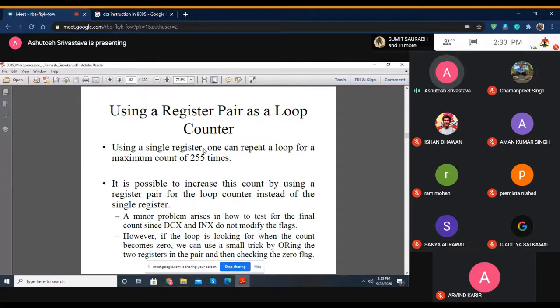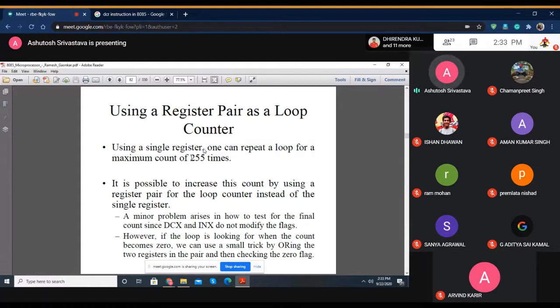You can just note down this part. This is when we are talking about an extension of the loop beyond 255 times. Suppose it is 1000 times, suppose it is 500 times.